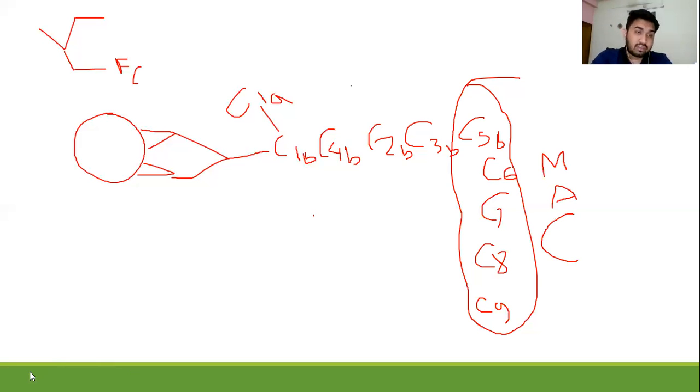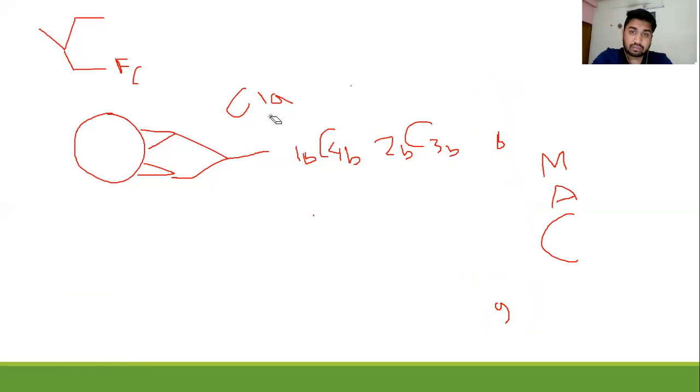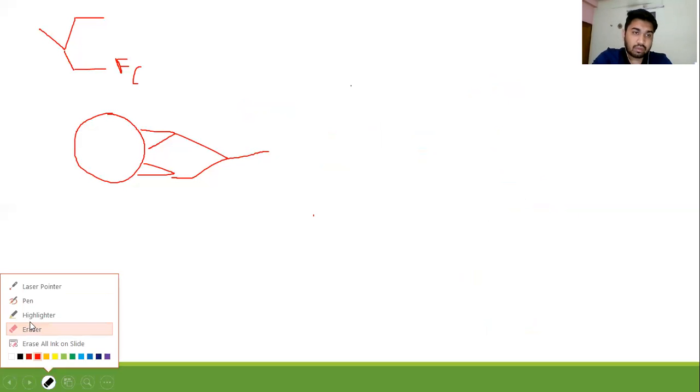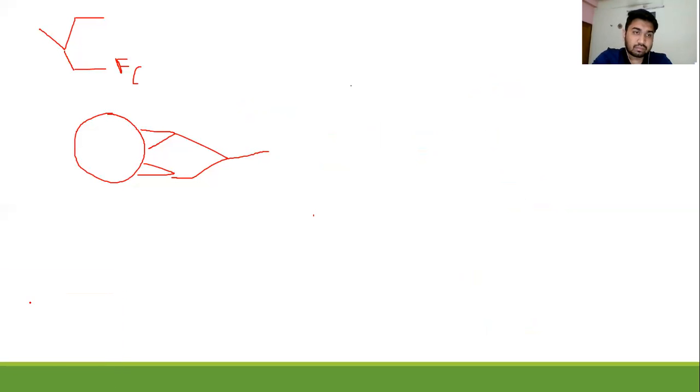So if we erase the picture and draw it again, what will happen here? First, C1 will come, it will remain as C1B, then C4B, C2B, C3B, then C5B.